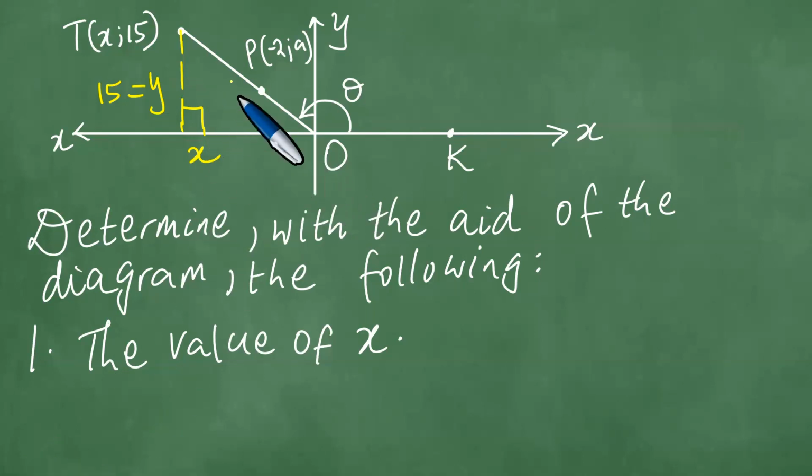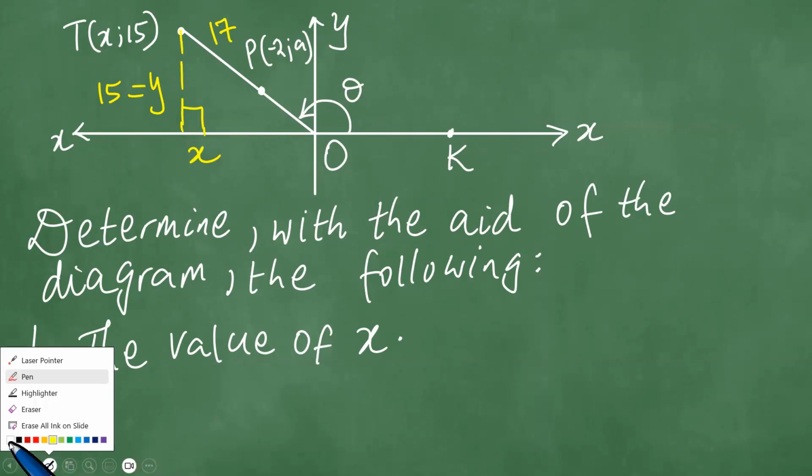Right, so we have OT, which is 17 units. Now, if OT is 17 units, then we proceed to use the Pythagoras theorem.